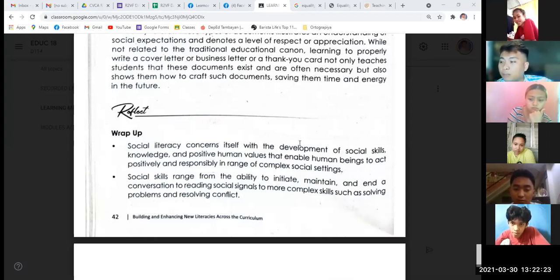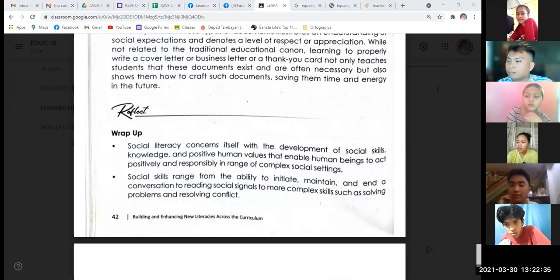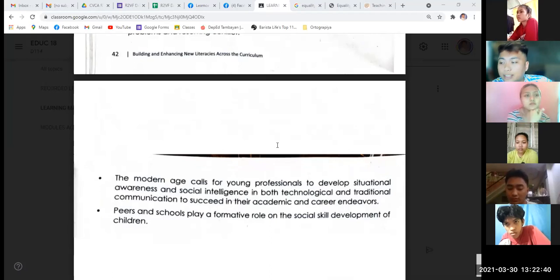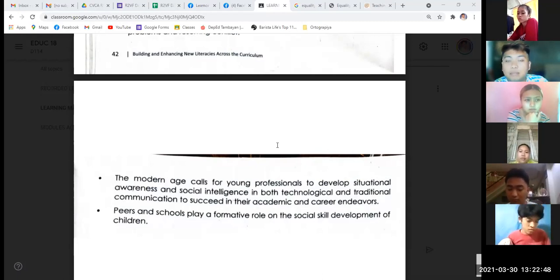Social skills range from the ability to initiate, maintain, and end a conversation to reading social signals to more complex skills such as solving problems and resolving conflict. The modern age calls for young professionals to develop situational awareness and social intelligence in both technological and traditional communication to succeed in their academic and career endeavors. Peers and schools play a formative role on the social skill development of children.